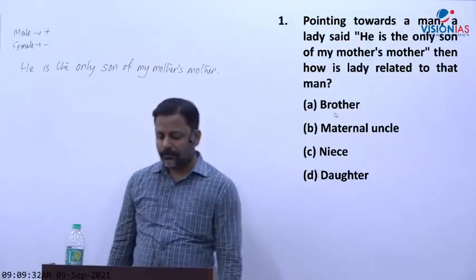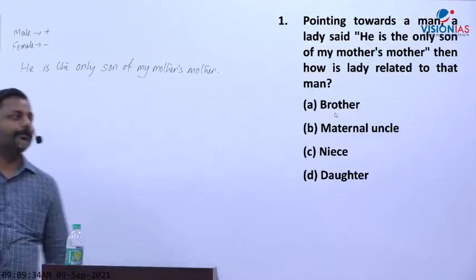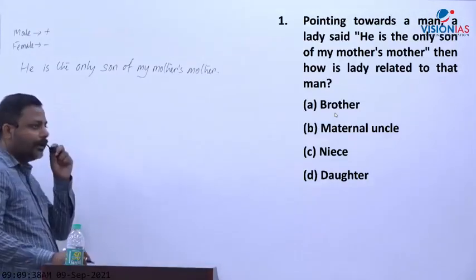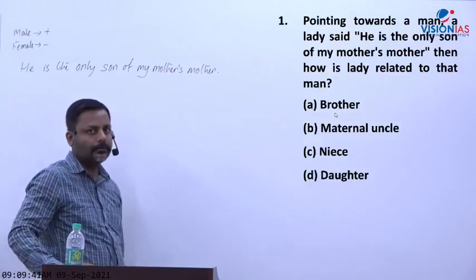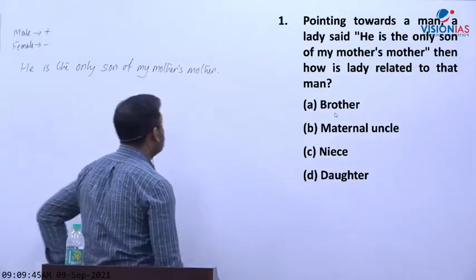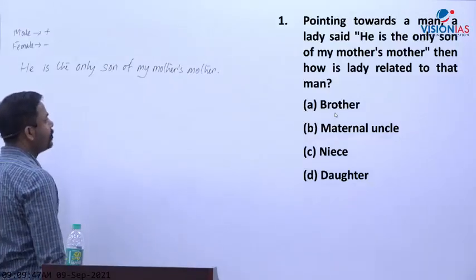Then how is lady related to that man? Here we can solve this question directly also by making a chain of relationship. So let's see how can we make the chain of relationship.